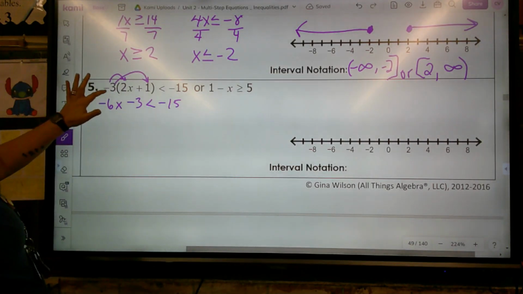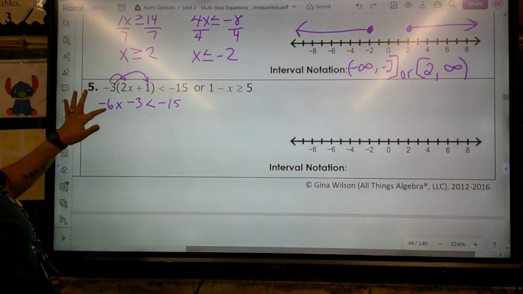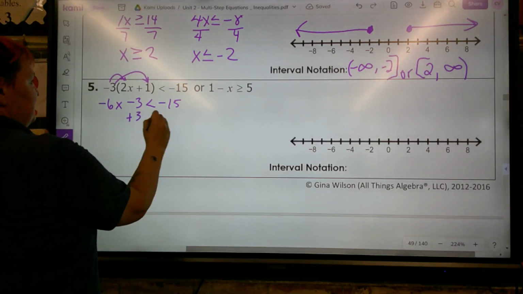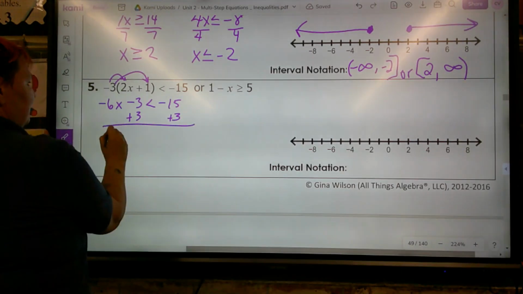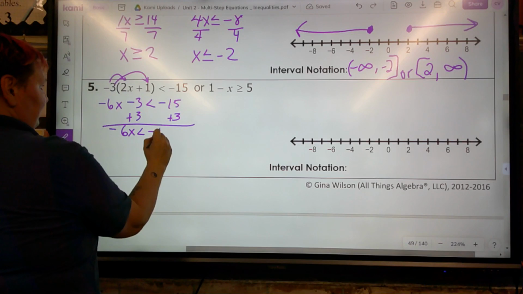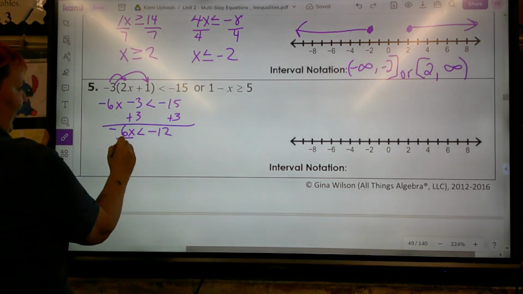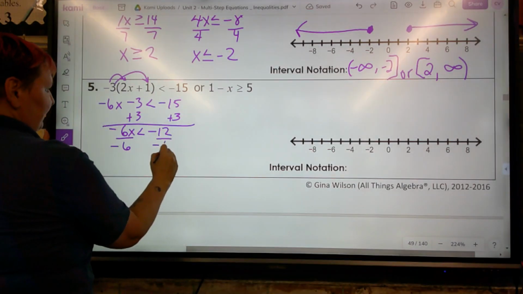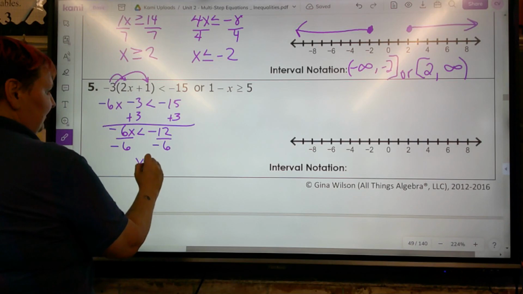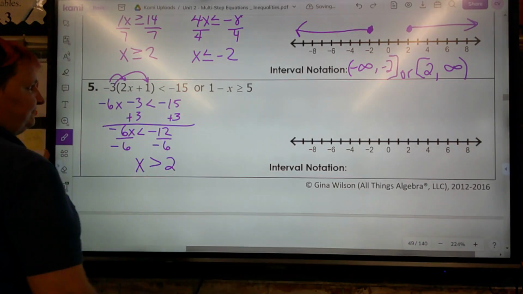Negative 3 times 2x is negative 6x. Don't lose your x. Add 3 to both sides. Negative 6x is less than negative 12.